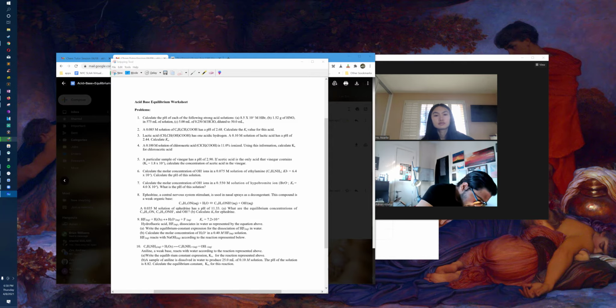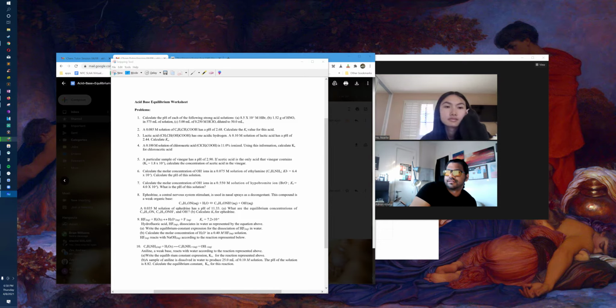I don't want to write the entire thing out, I'm just going to write HA instead. And it's going to turn into A minus, the conjugate base.